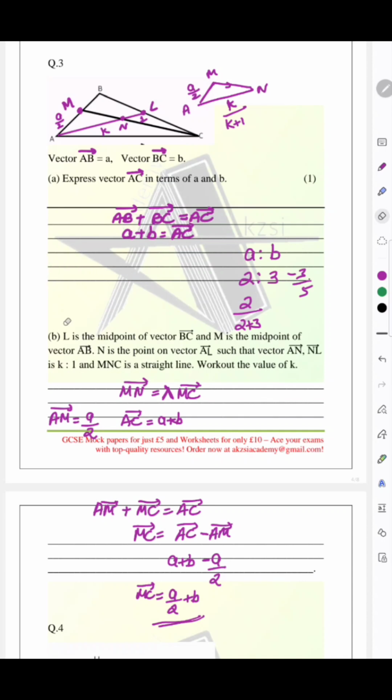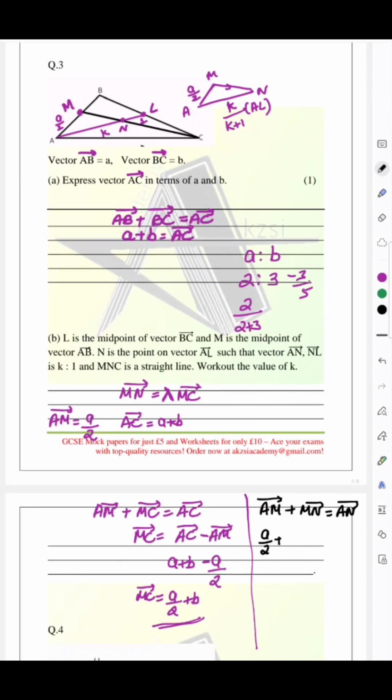That means this is k by k plus 1 of AL. So I can say that if I apply AM plus MN is equal to AN. AM is a by 2.